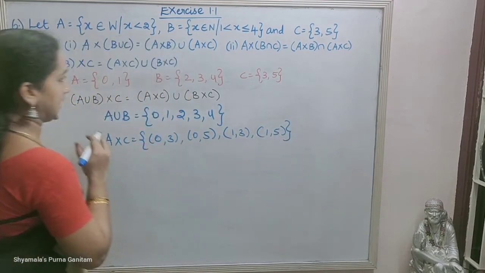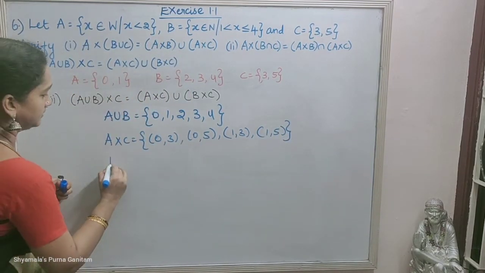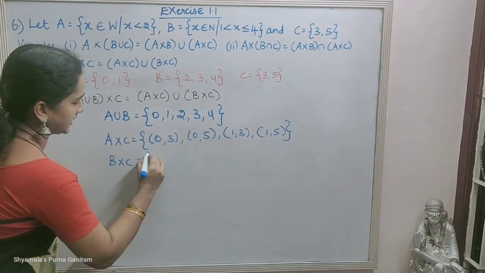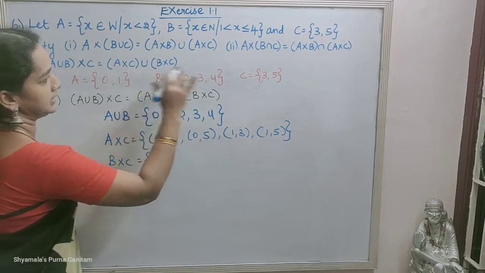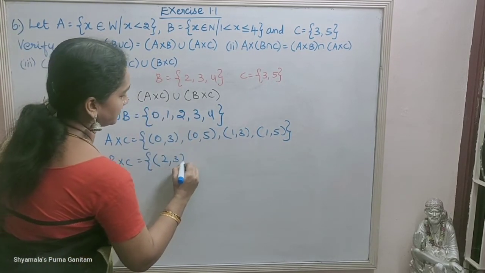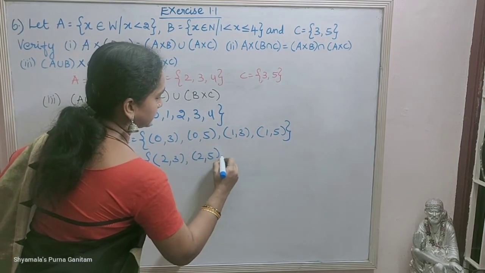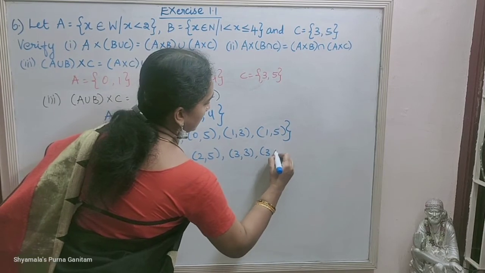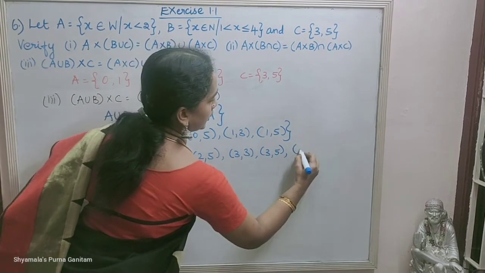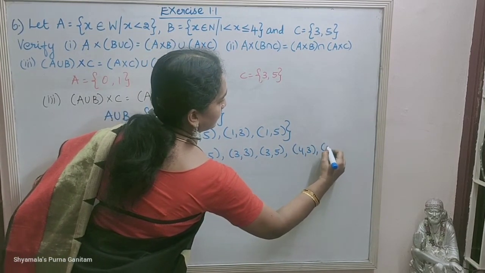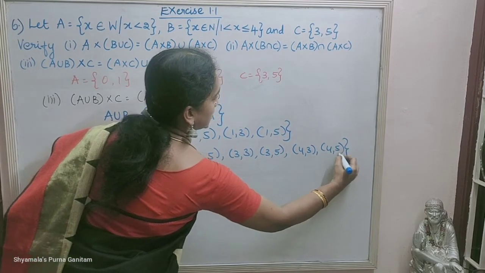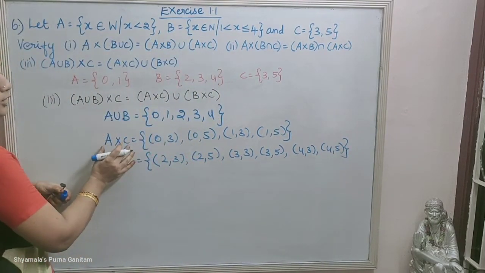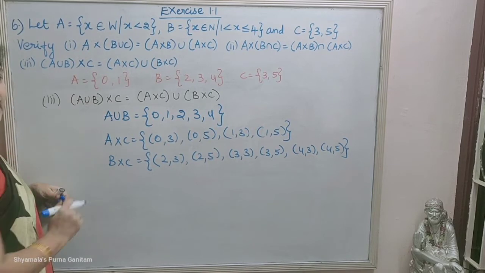So this is A cross C. Then B cross C. B cross C is (2, 3), (2, 5), then (3, 3), (3, 5), then (4, 3), (4, 5). So these are the values for A cross C, B cross C and A union B.